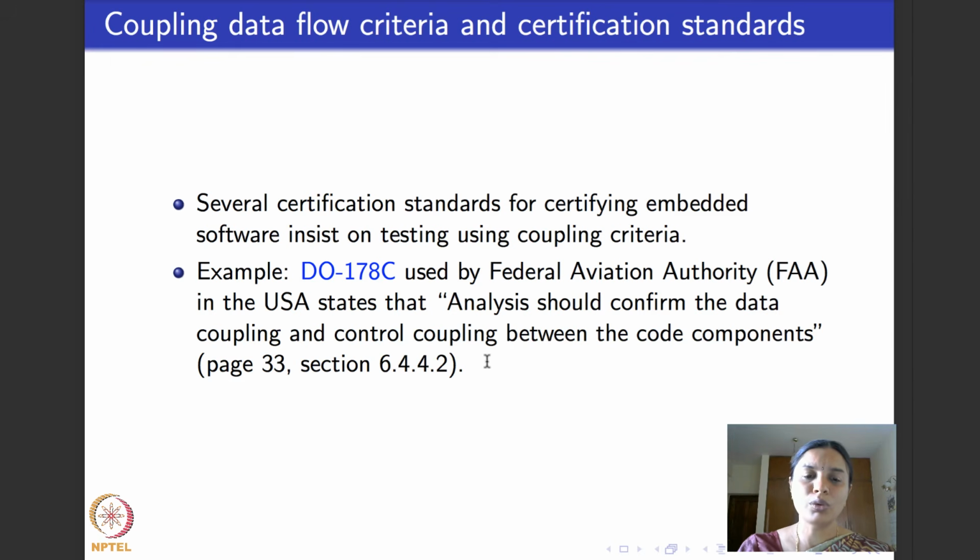In that, if you go to the standard, look at page 33, this particular section explicitly mentions testing for coupling data flow analysis, which is the kind of testing that we looked at today. So it says analysis should confirm the data coupling and control coupling between the code components. So it asks you to do testing and provide evidence of the fact that you've tested the interface for both structural coverage and data coupling.